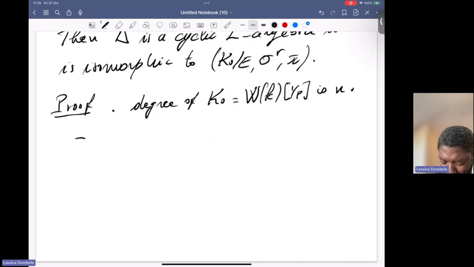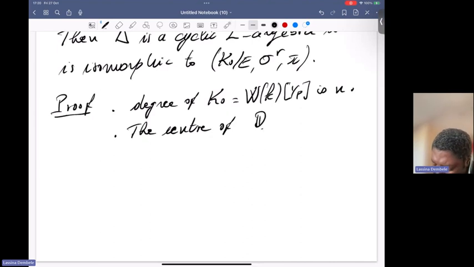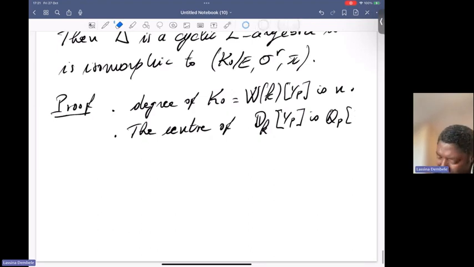So this means that if you look at the center of delta, of this quotient, so the center of this ring is simply the QP algebra generated by f to the n.